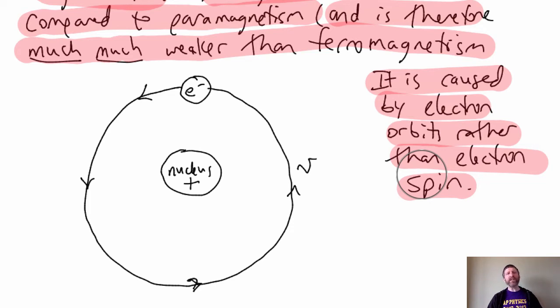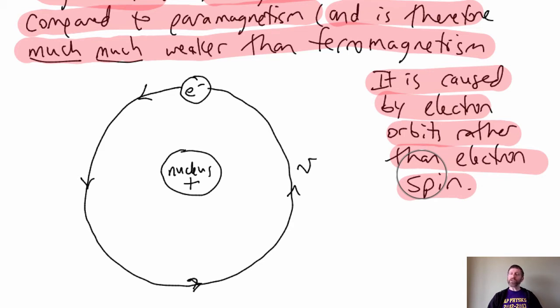So what we have here is an electron orbiting a nucleus. And again, they don't really orbit, but we can pretend that they do because it's very much like an orbit. Let's say in this situation, the electron is orbiting counterclockwise. What direction is the magnetic field caused by this electron just due to its orbit?